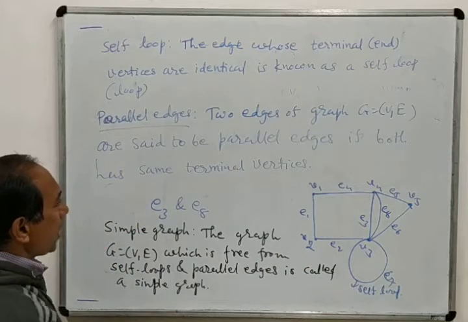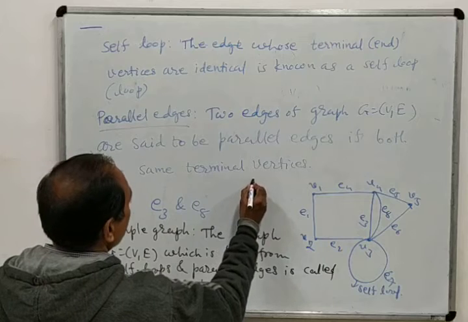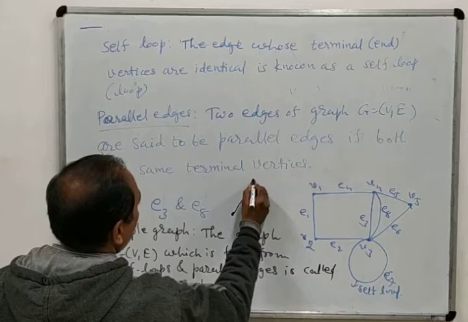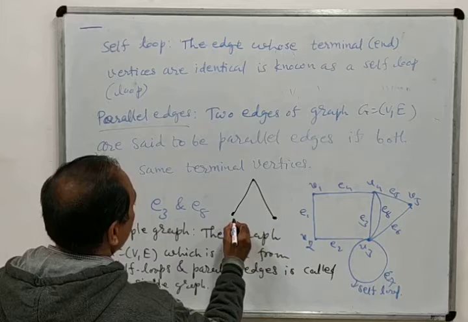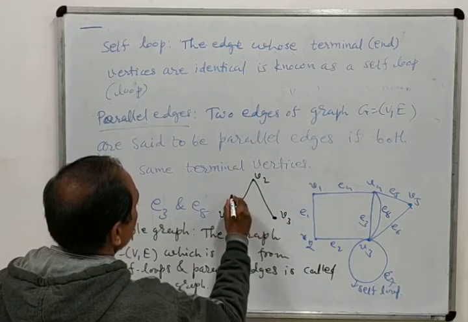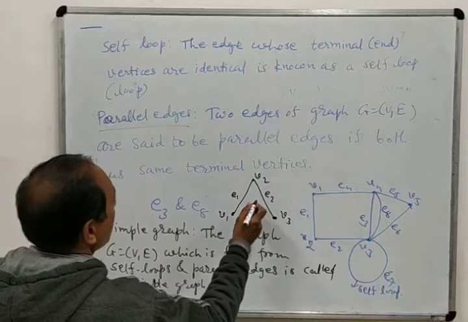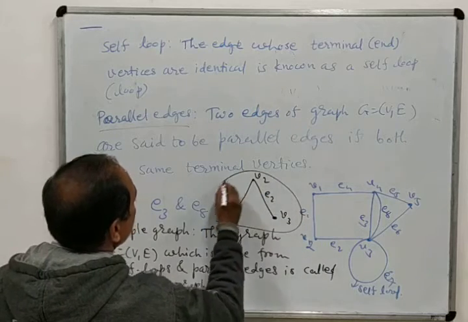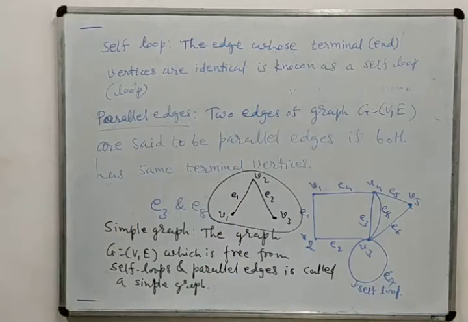But if I draw another graph, suppose this is the graph, say V1, V2, V3. These are the three vertices and E1, E2 are the edges. This graph has no self loop and no parallel edges, so it is known as a simple graph. You write down all these definitions now.